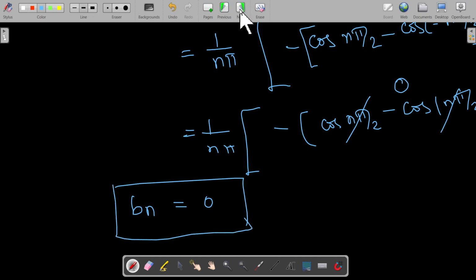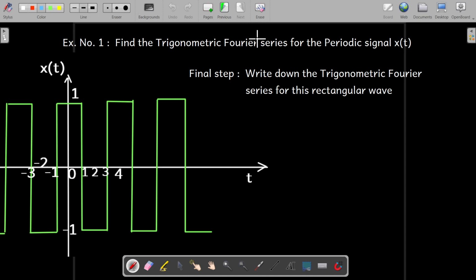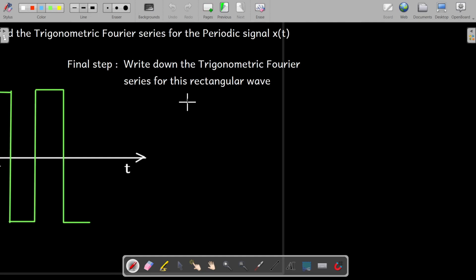Okay, so shall we summarize the answers now? So what is a naught value? A naught is equal to 0. That coefficient is equal to 0.